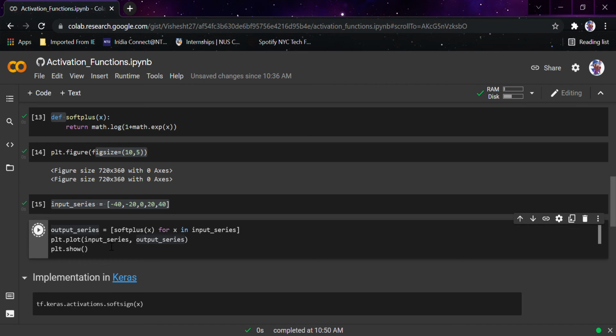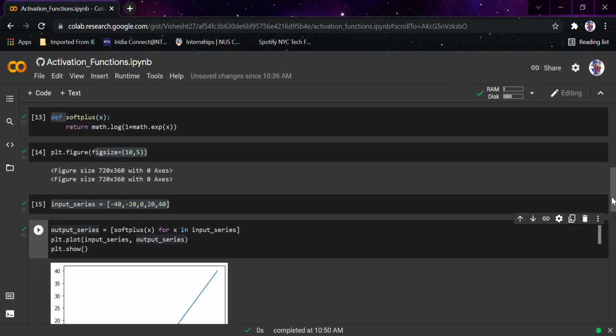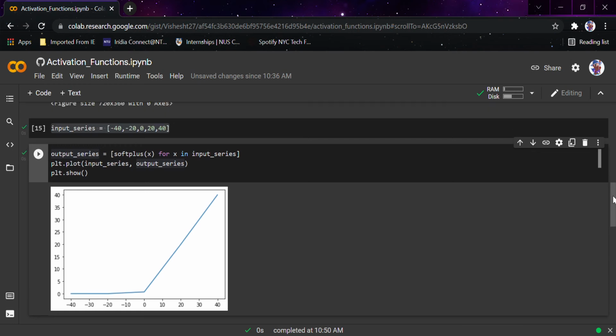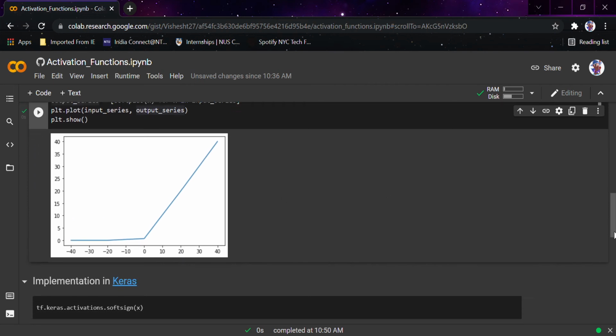I would just run this and plot.show, and as you can see these are the values. For 0 we are getting 0, for minus 20 we are also getting 0, minus 40 we are also getting 0. But when it comes to 20, we are getting approximately between 15 and 20.